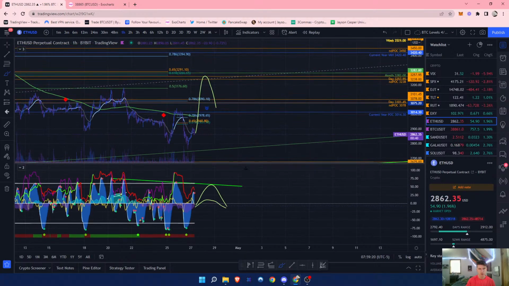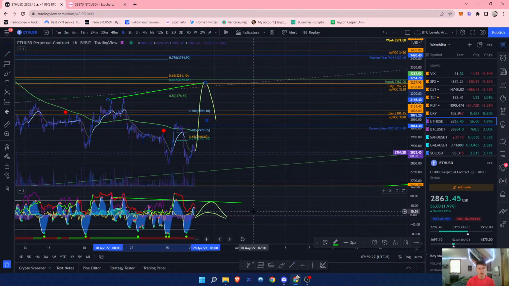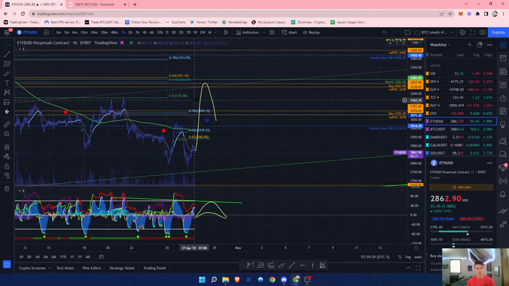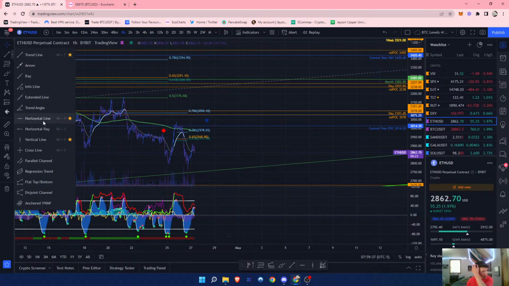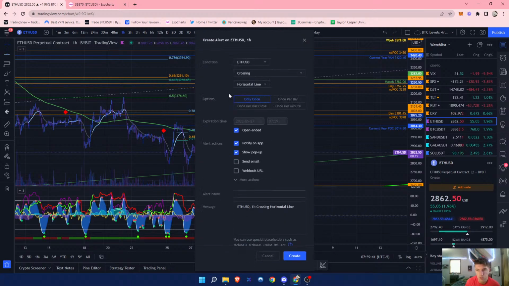Then of course we'll have price pumping up to that level where we're getting higher highs and then higher lows on Market Cipher B. All right. Look for short on 1 hour.